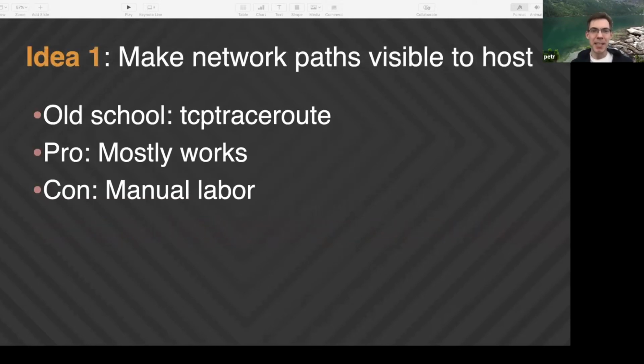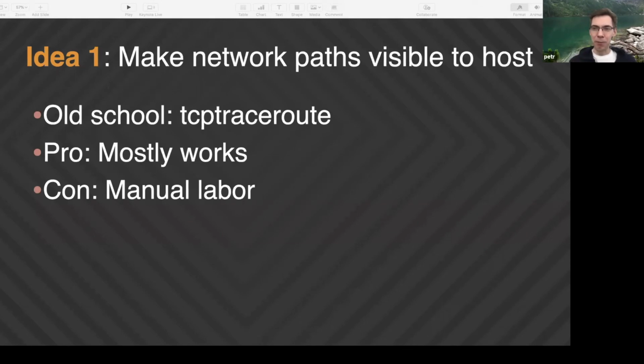Okay, so the first idea, which I think has been in the works for a long time, is to record or expose network paths in the packets. Typically, the way this has been done for maybe 40 years, you look at the TCP connection, if you know which one you're looking for, and you do TCP traceroute using the same source and destination port pairs. So you try to trace exactly the path the connection takes in the network.